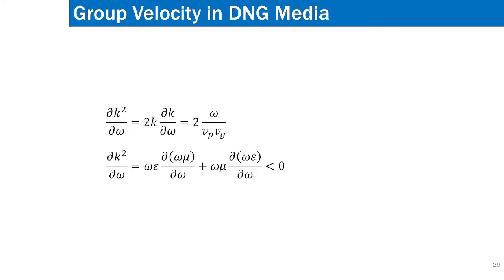First you take the derivative with respect to mu, then with respect to epsilon. Now since the partials are greater than 0, epsilon is negative, mu is negative, omega is positive, therefore dou k square by dou omega will be negative.